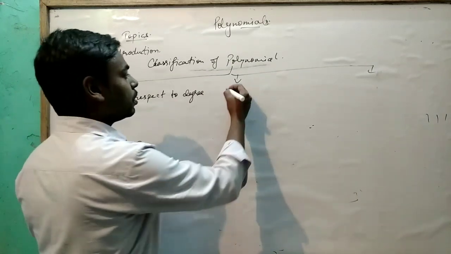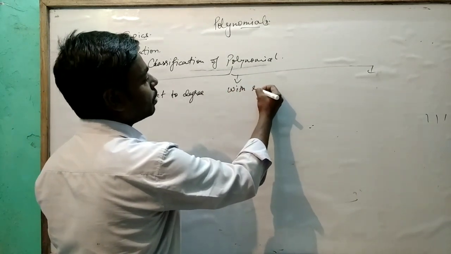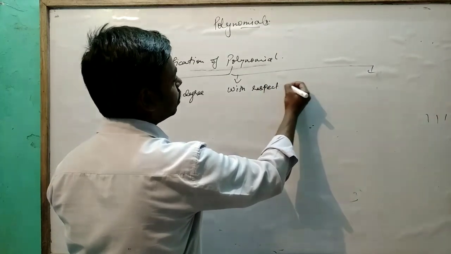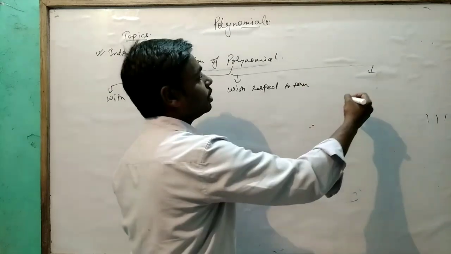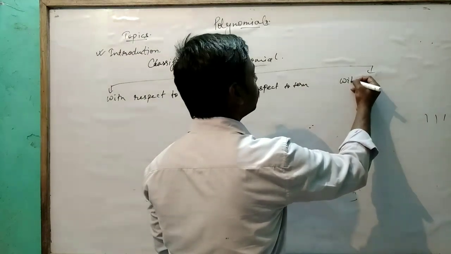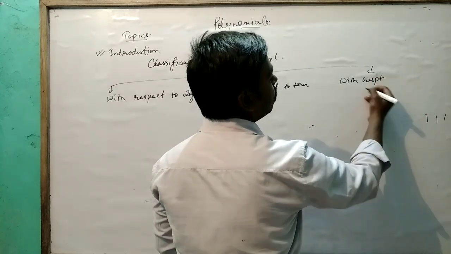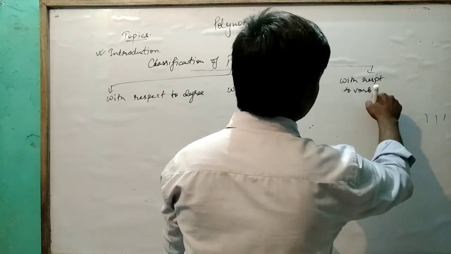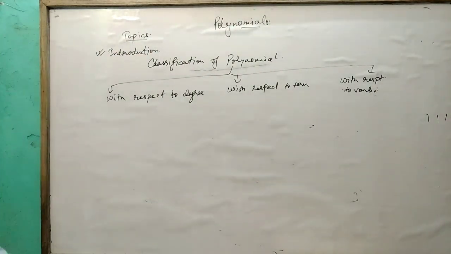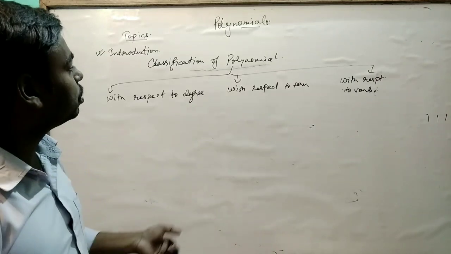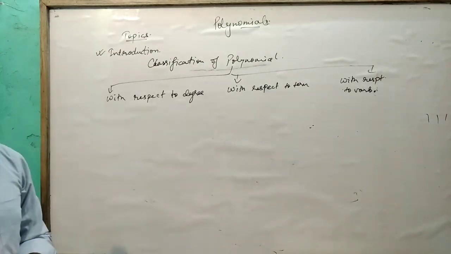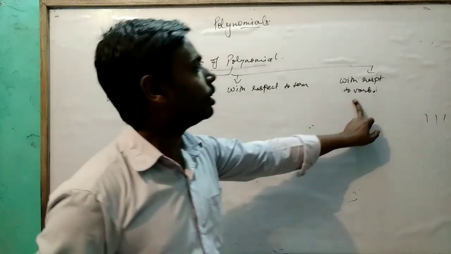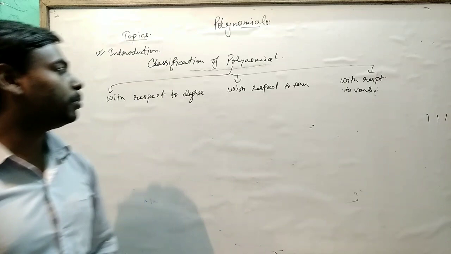Second, with respect to term. And third is with respect to variable. So a polynomial is classified with three respects: first with respect to degree, second with respect to term, and third with respect to variable.